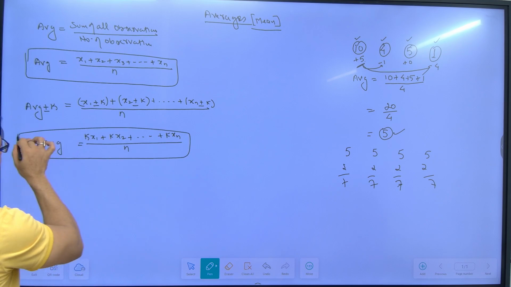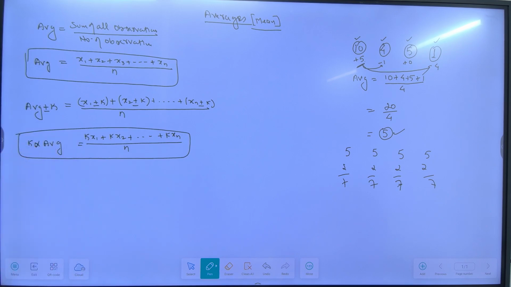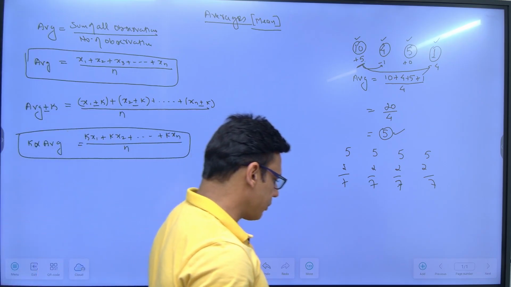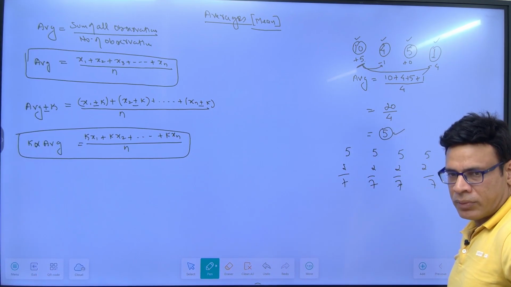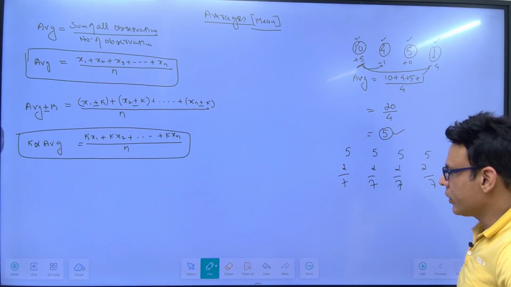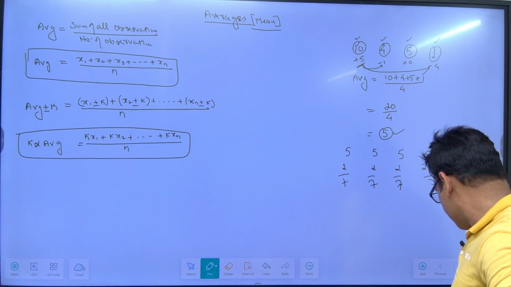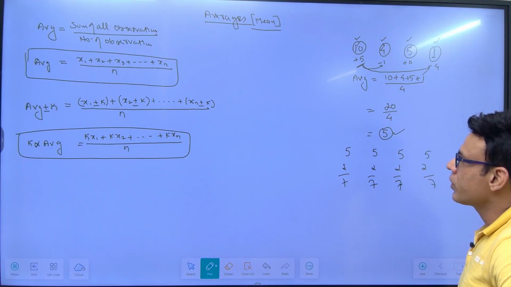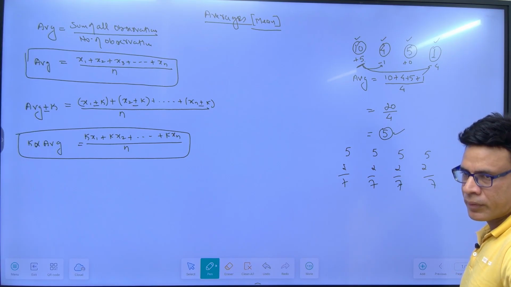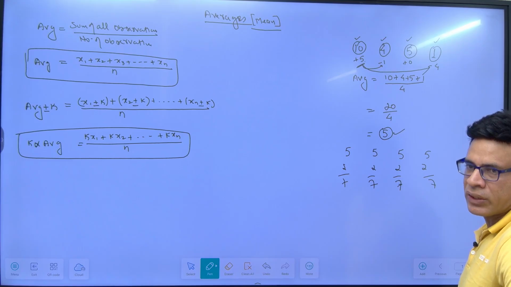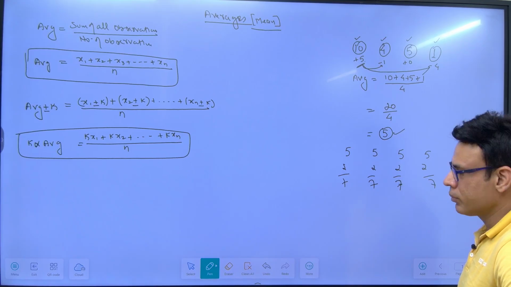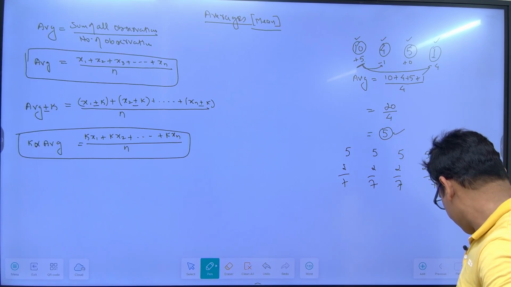Yes. And if you divide each term by k, average will also get divided by k, right? But when you divide something, the division value should not be equal to 0. You cannot divide anything with 0. Till here, no problem, right? We can directly use the formula, increase each term, decrease each term by k.